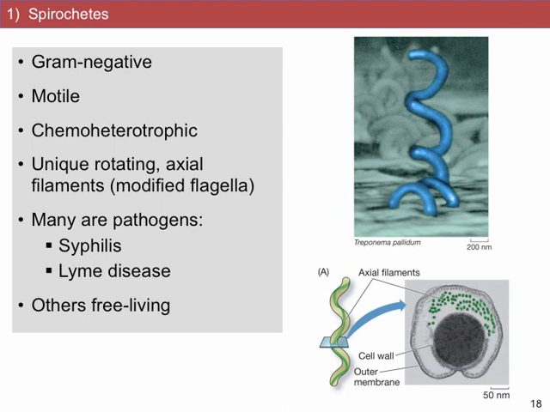That's how they burrow into things, by spinning their flagellum that's inside the cell and creating this corkscrew-like motion. They're all gram-negative. That is, they stain negatively with the gram stain, and they have that double membrane structure that I showed you. Many of them are motile with this weird axial filament. So the drawing down here is the flagellum inside the cell.